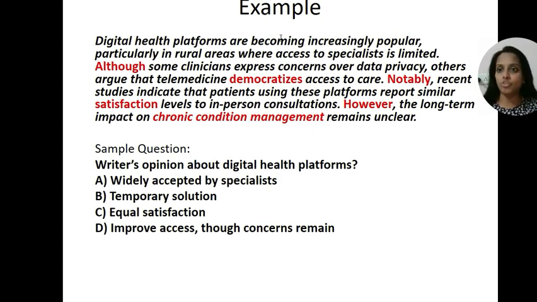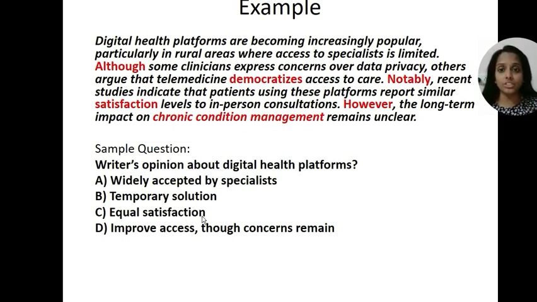And we have to do the trap check now. Widely accepted, option A, is too strong, only some clinicians support it as per the passage. And option B, temporary solution, is nowhere stated in the passage, so that is also out.